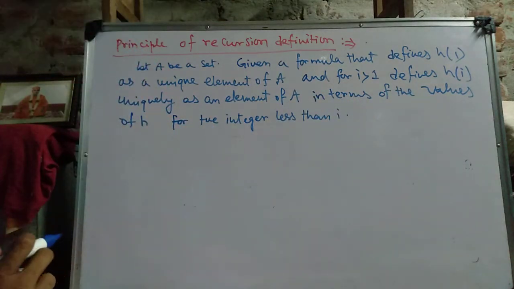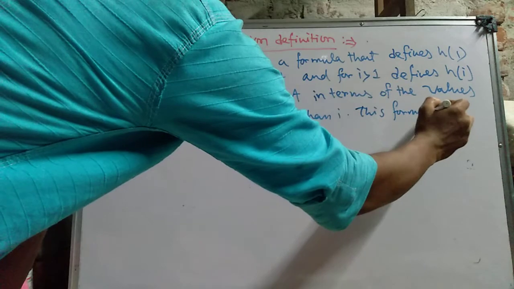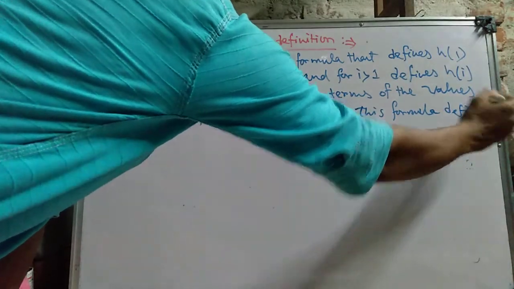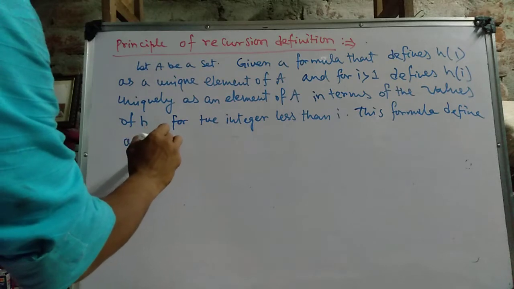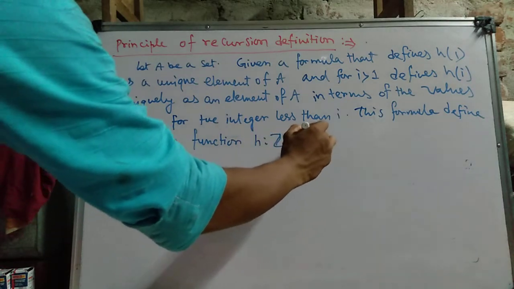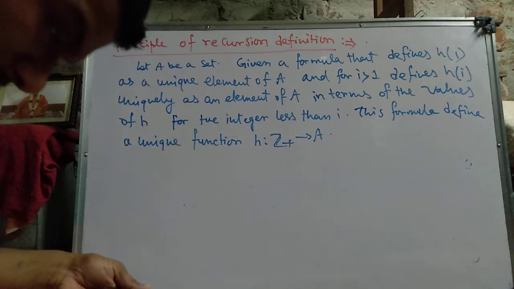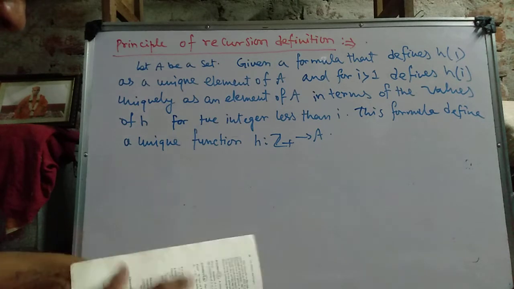This formula defines a unique function from Z plus to A. That is, this formula determines a unique function from Z plus to A.